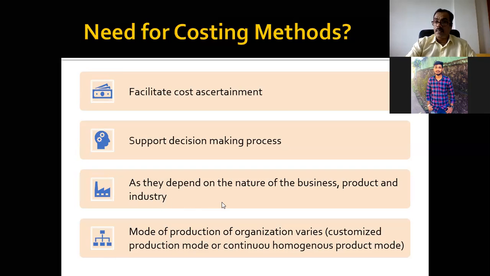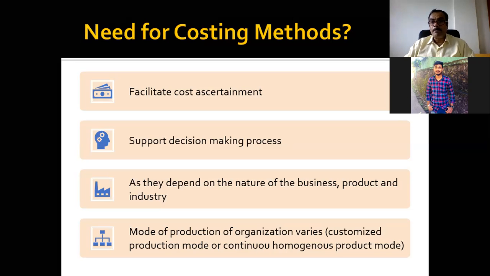And costing methods depend on the nature of the business, product, and industry, so different methods emerge depending on the business, products, and nature of the industry. Therefore, for different industries, different businesses, different products, we need to have different costing methods. That's why we need them.